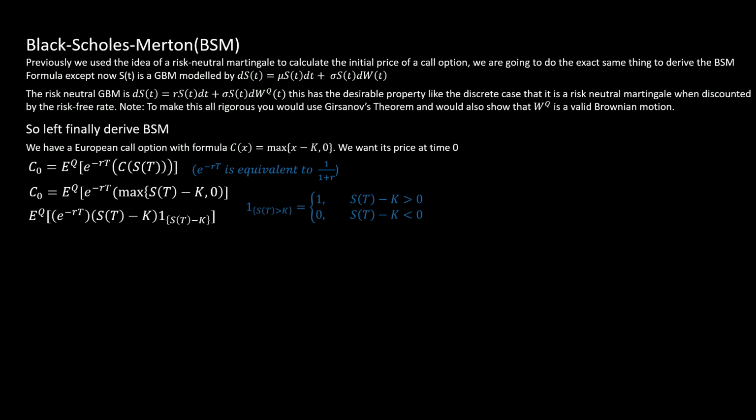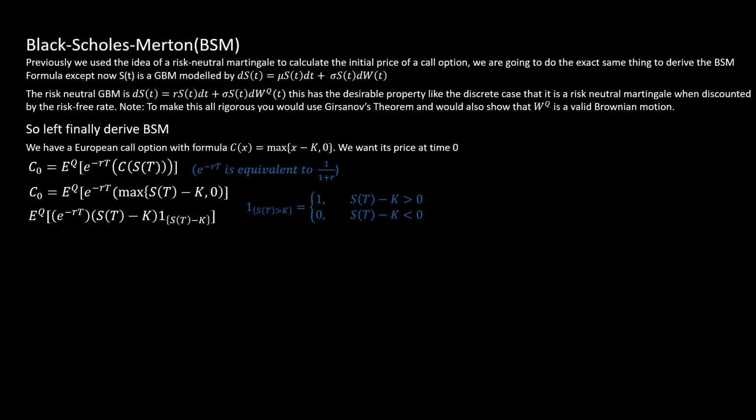This is exactly the same as the max of S(T) minus K and 0, because if S(T) minus K is less than 0, then the max is just going to be 0, and if it's greater, it's just going to be S(T) minus K. So that's why we're using the indicator function. It just makes our calculation easier to compute.